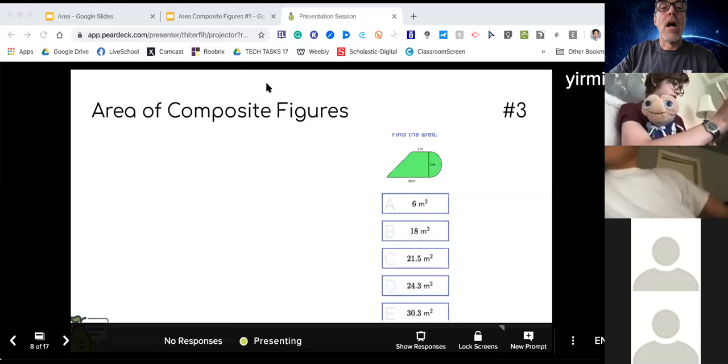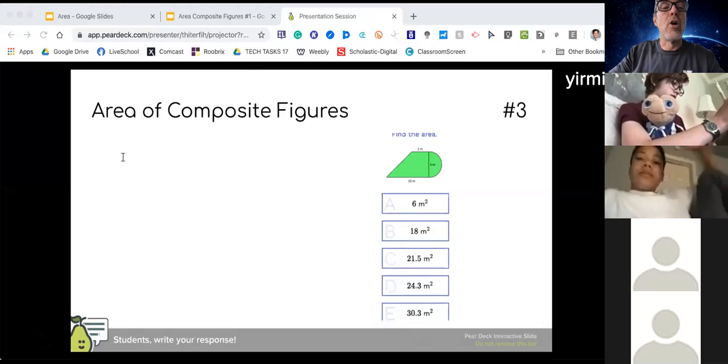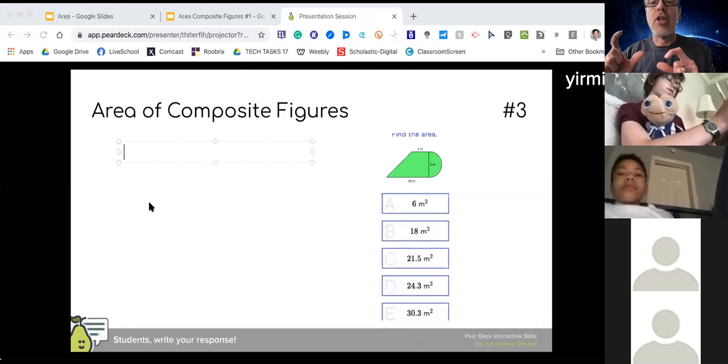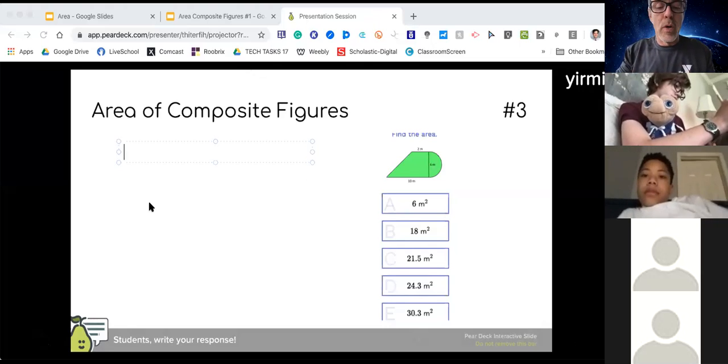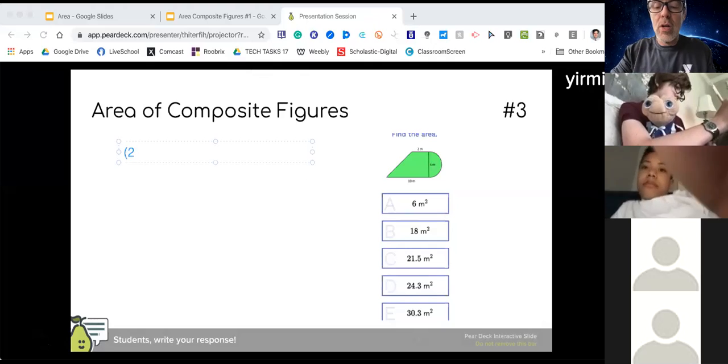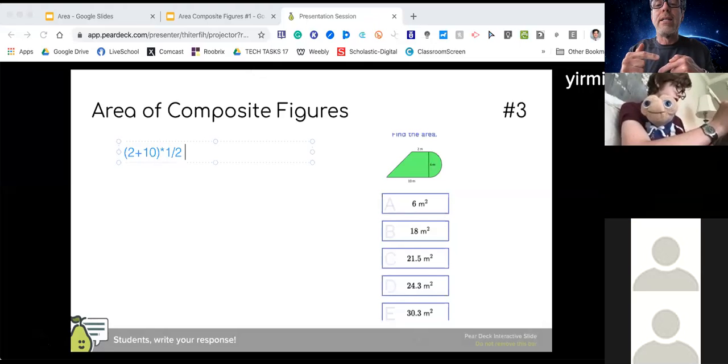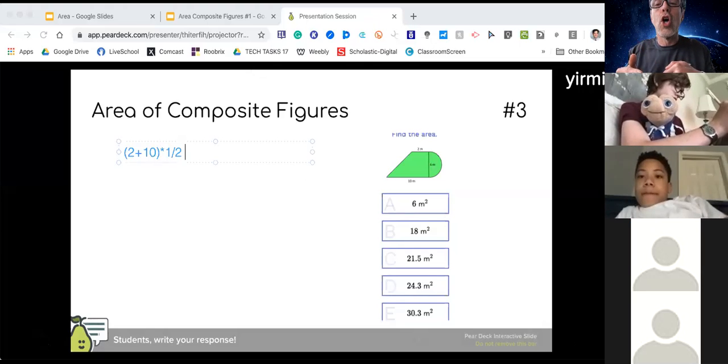All right. On this one, the first thing I got to do is get the trapezoid. So it would be 2 plus 10, half it, correct? Everybody agree? Okay. Times 4. Why is it times 4? Because that's the height.